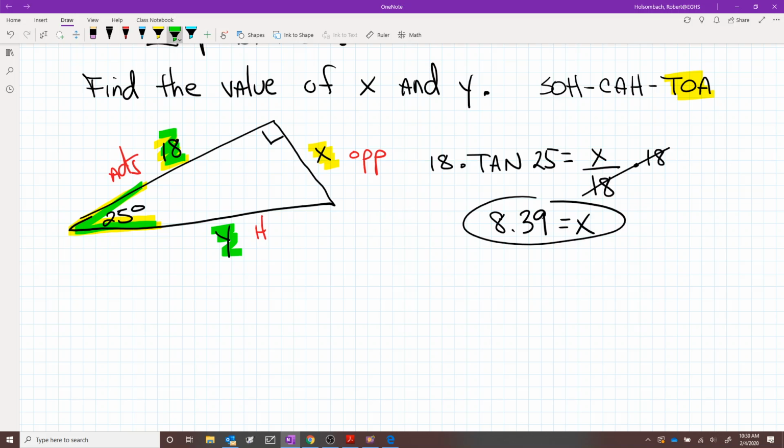That's cosine. So your equation is going to be cosine 25 equals your adjacent side, which is 18, over the hypotenuse, which you're trying to find.